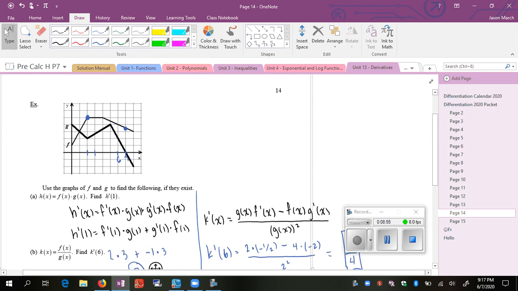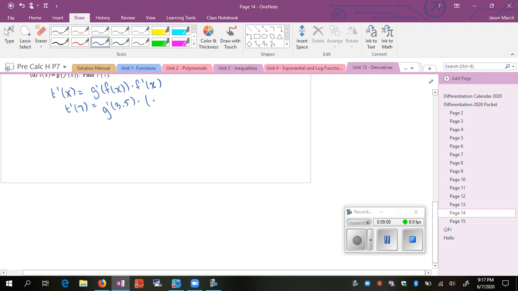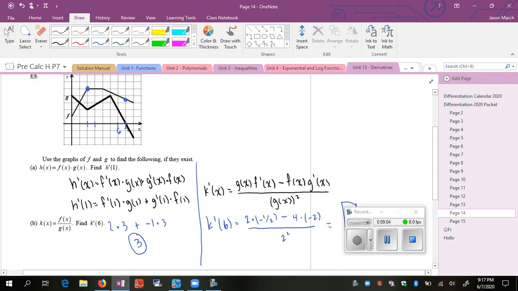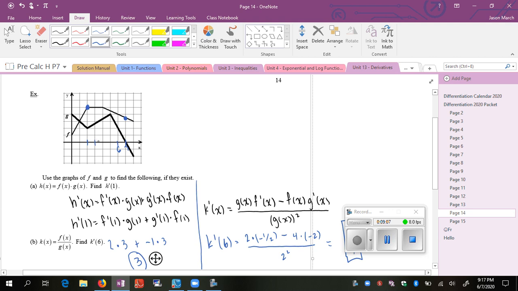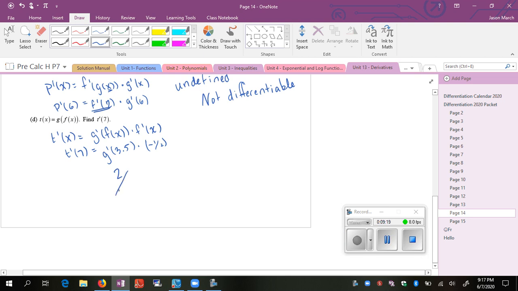Well, F prime of 7 is the slope there, which looks like negative a half. And so G prime of 3.5, we need to find 3.5, and that's going to be right here. The slope of the thicker curve there is up 2 over 3, so it's 2/3. So 2/3 times negative a half, which is cross canceling. We get negative a third.